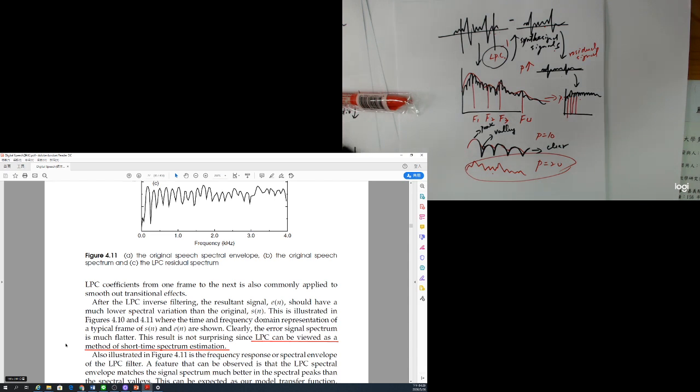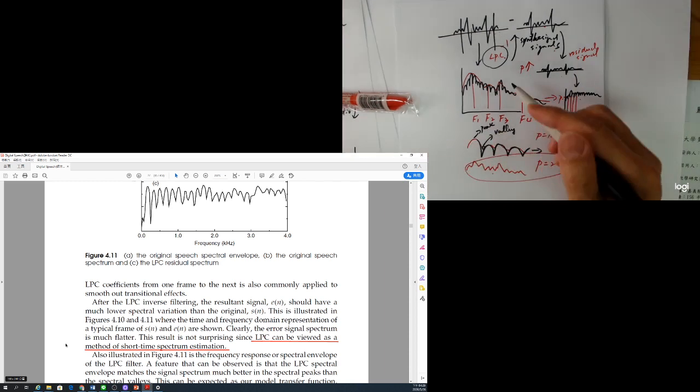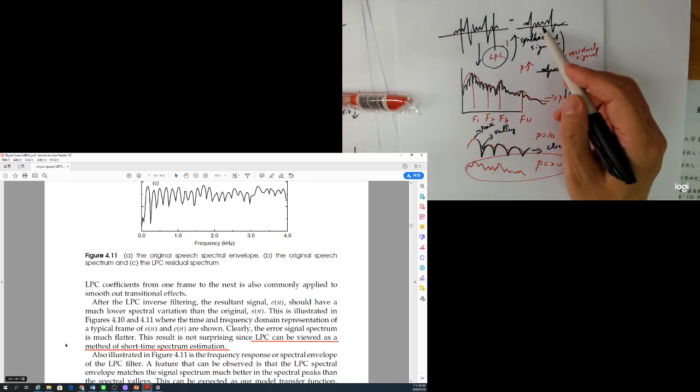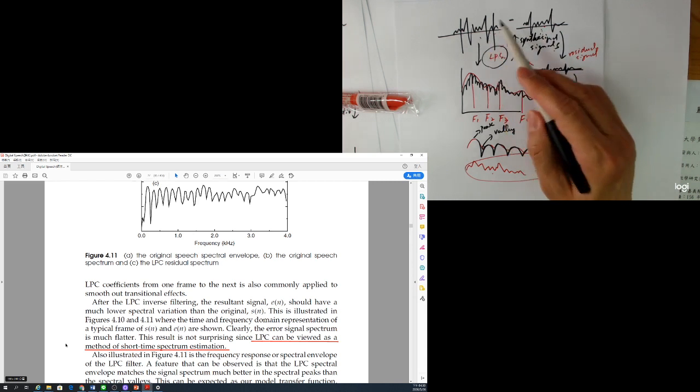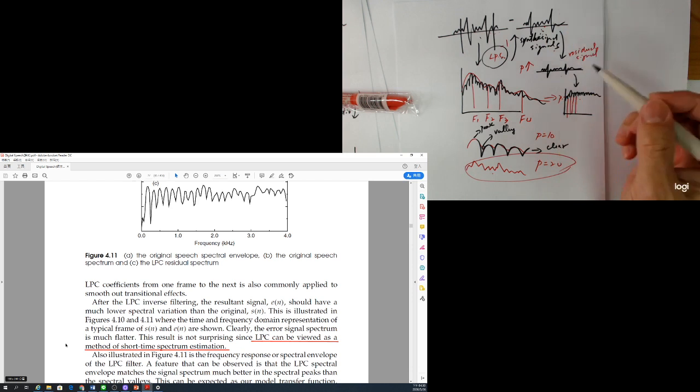So you have to know this is what we call short-term prediction. Its main idea is to model the spectrum envelope of your signal. If you remove the synthesized LPC signal from the original signal, you get the residual signal.